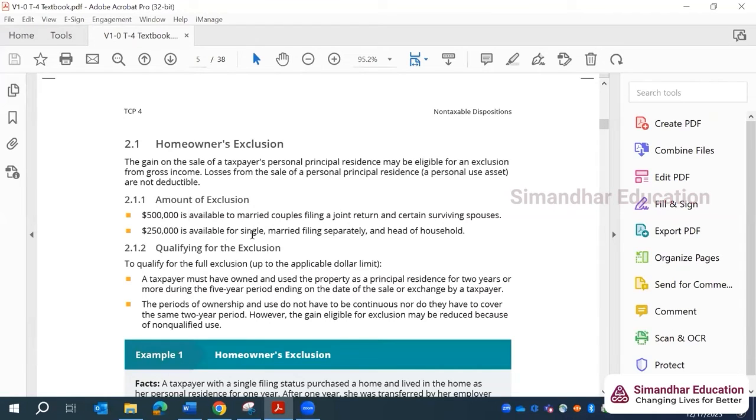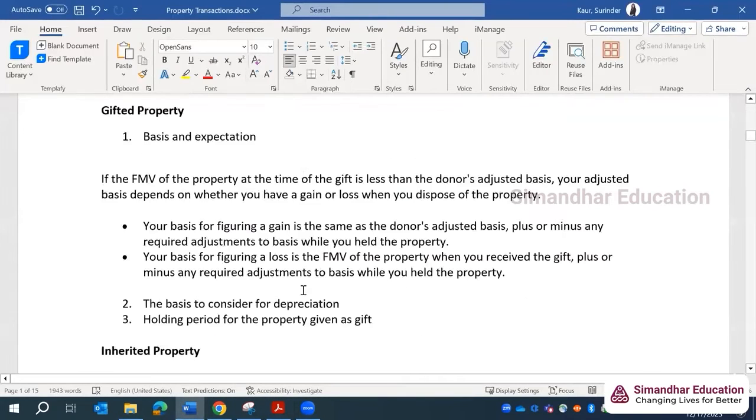If your filing status is single, or you are married filing separately, or you are head of household, you will get an exclusion amount of $250,000. All right. So when you are reading this topic, I want you to remember a few things.